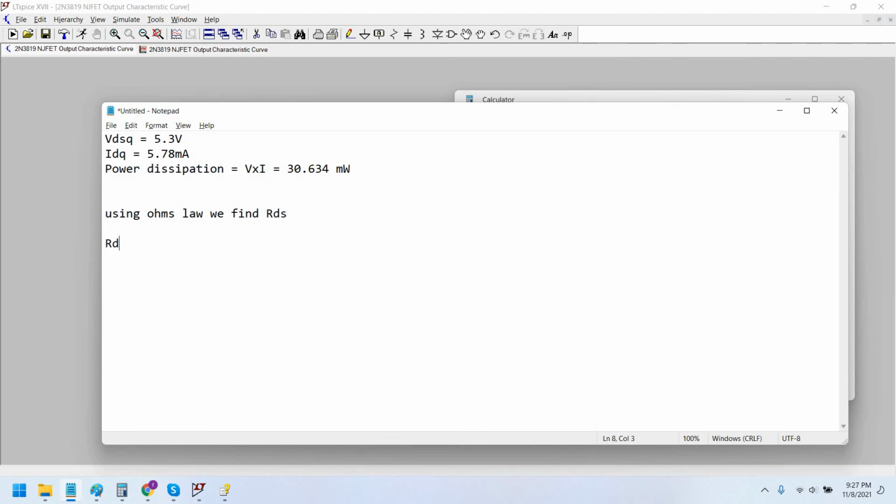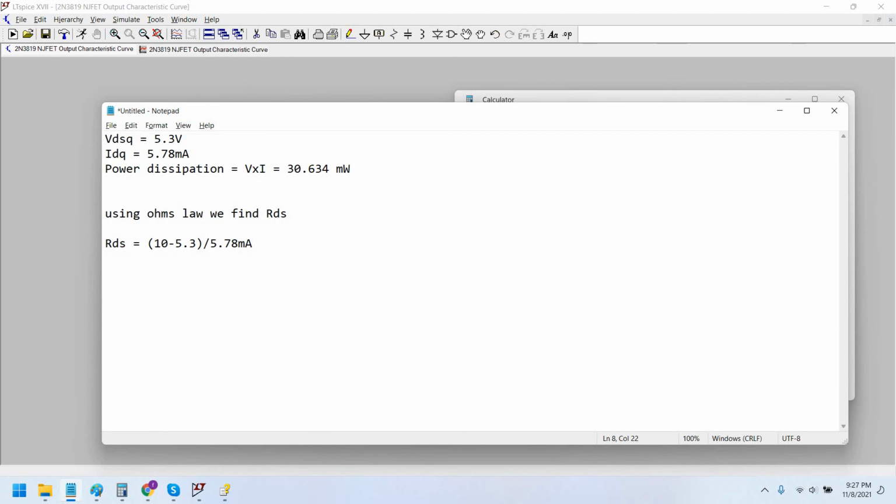RDS is equal to 10 minus 5.3 divided by 5.78 milliampere.